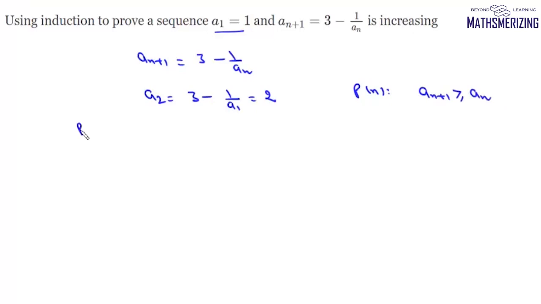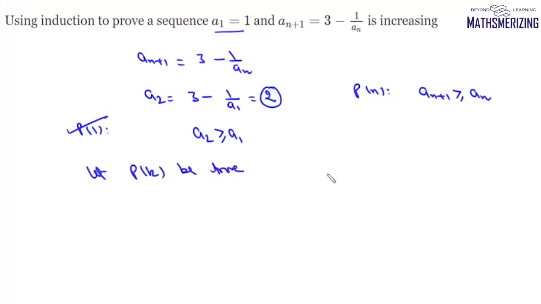Now we'll prove the statement for n equals 1. If the value of n is 1, then we can write a2 is greater than or equal to a1. Now a2 is 2 and a1 is 1. So this statement is correct. Now let us assume that Pk is true.